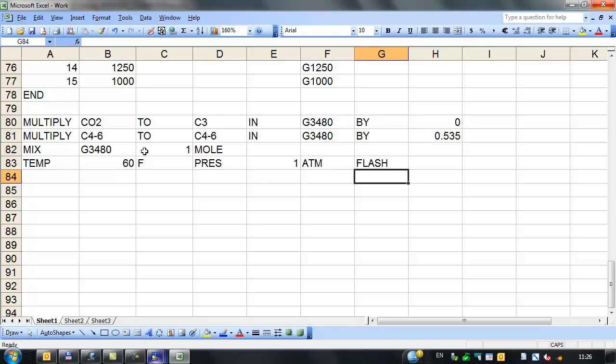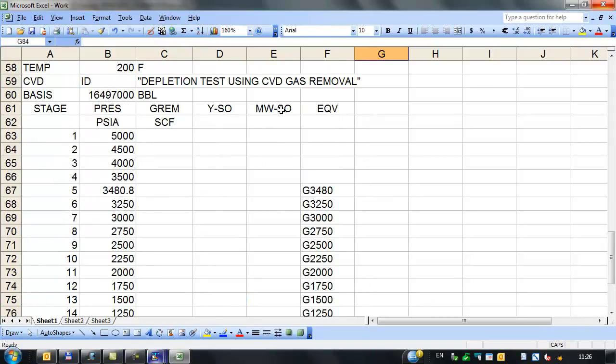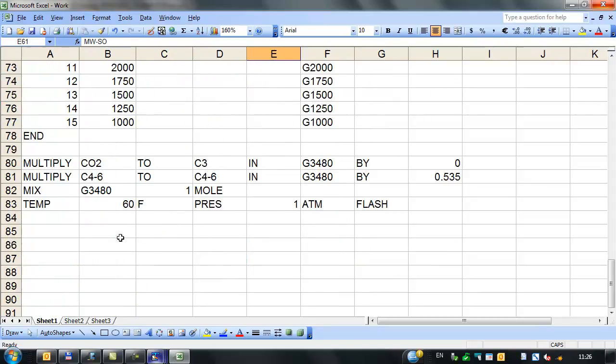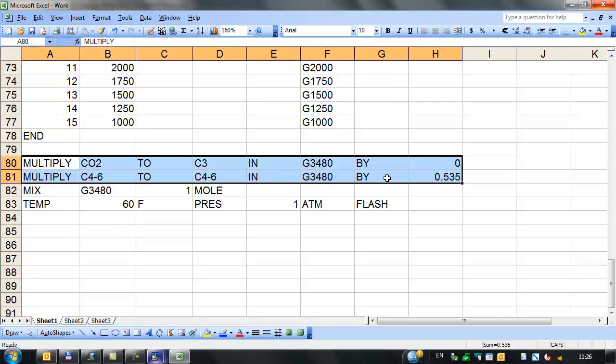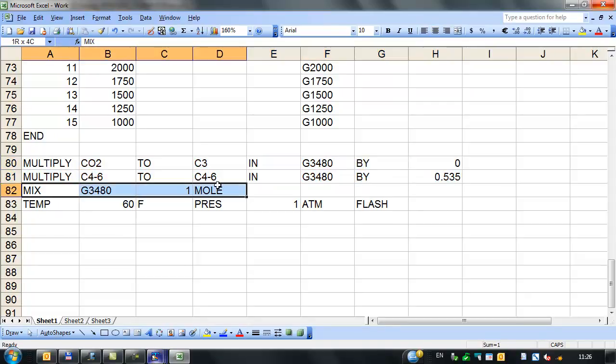That will give us its density from the equation of state of that mixture. Then we're going to have to hand pick that density to use together with the molecular weight here. It's cumbersome, but this is basically stripping out the gas components. You do a flash at standard conditions, which gives us the density of that oil.